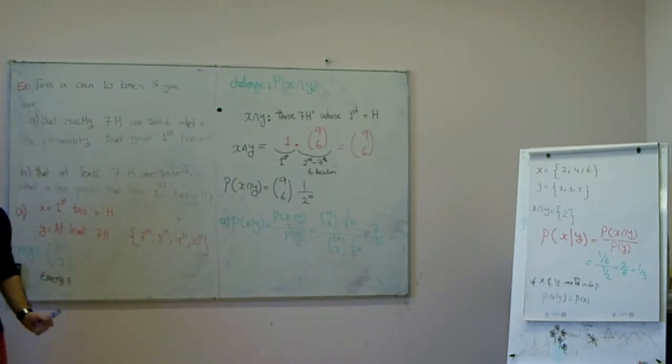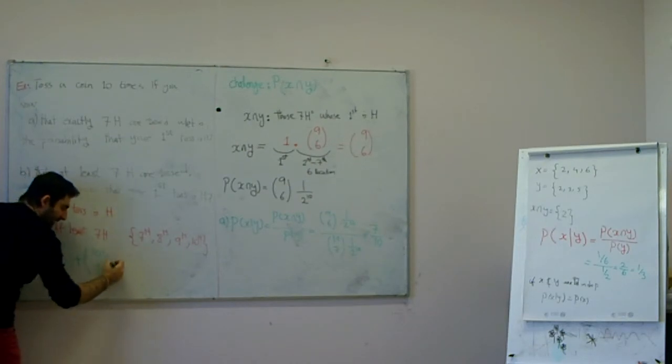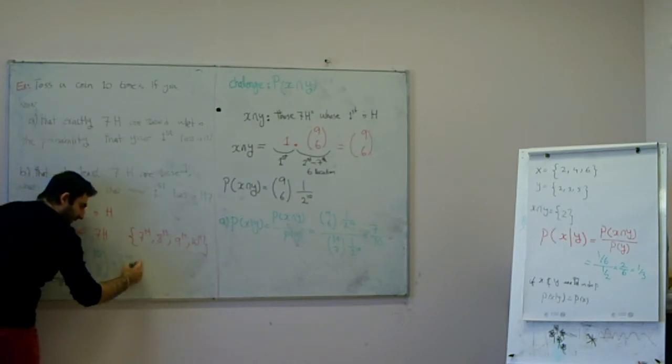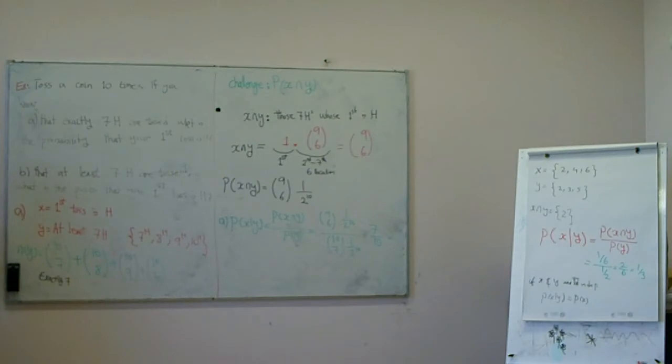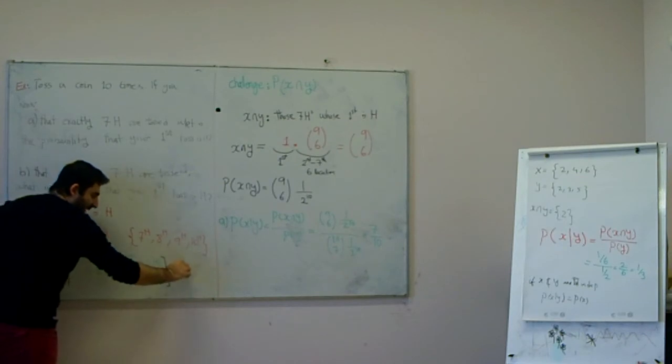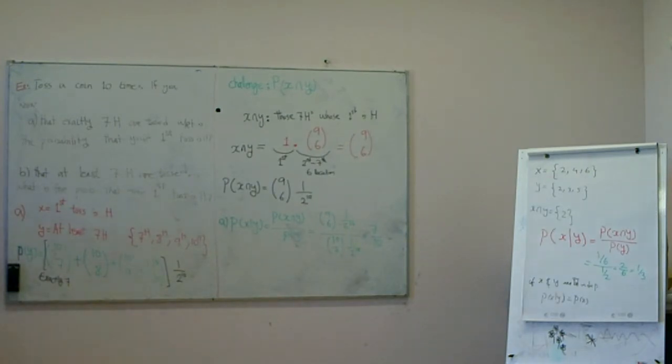What is the meaning of or? Summation. So it is this plus C(10,8), plus C(10,9), plus C(10,10). If I want to see the probability of Y, all these summations are multiplied by 1 over 2 to the power 10. So this is the probability of Y.